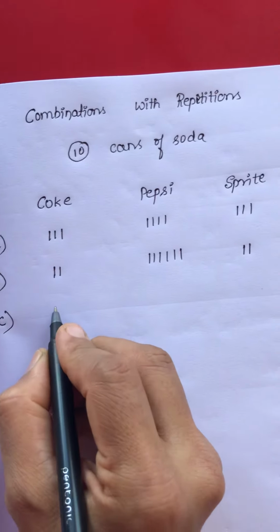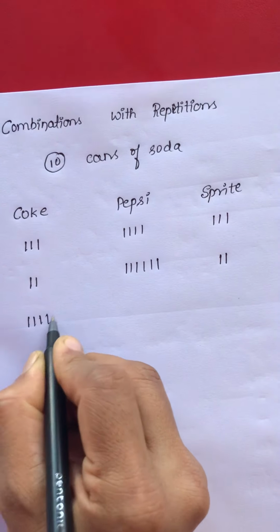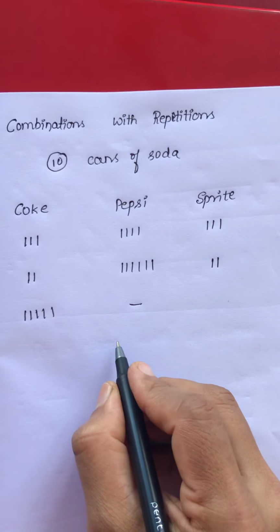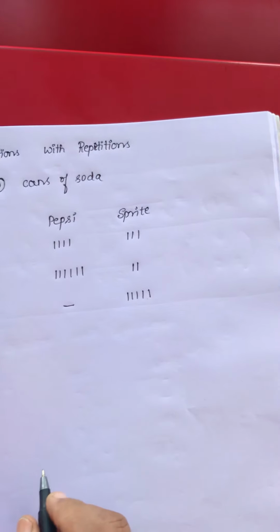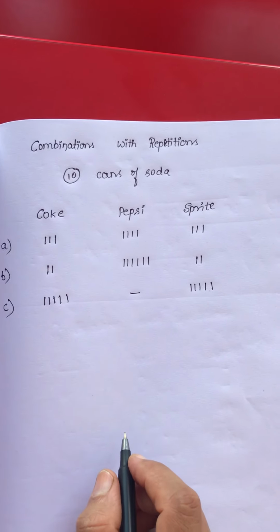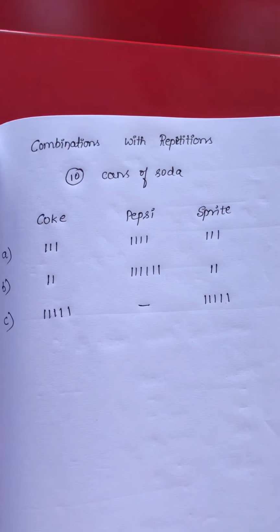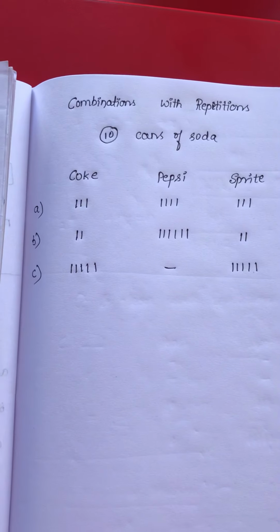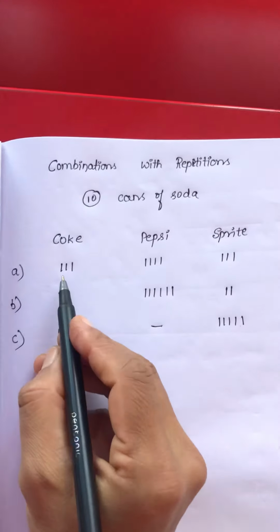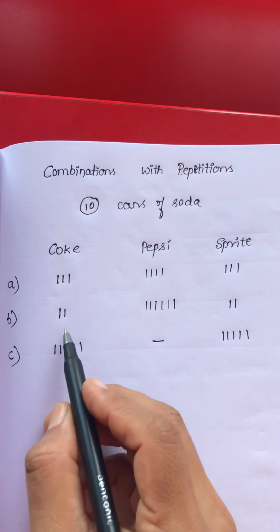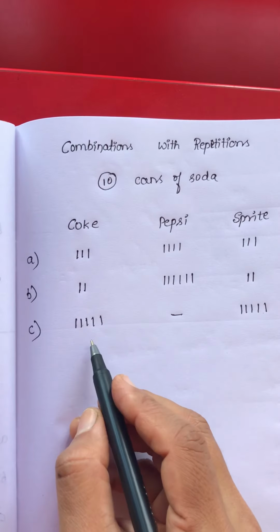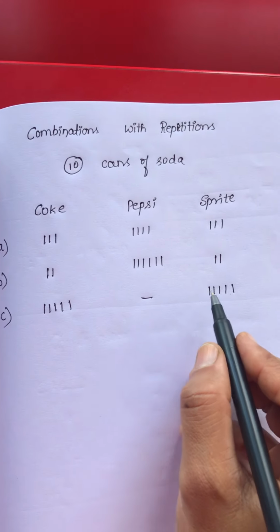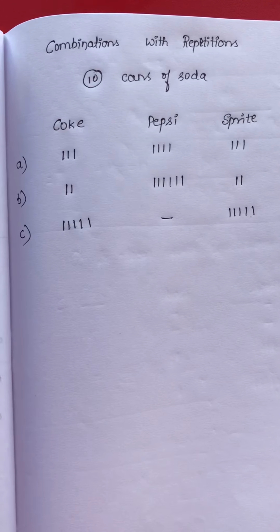Or maybe he will select 5 Coke, no Pepsi, then 5 Sprite. These are some possibilities. There are so many more possibilities also, right? You agree? Maybe he will take 1 1 8, maybe 0 0 10, maybe 0 10 0, maybe 1 0 9. Too many possibilities are there.